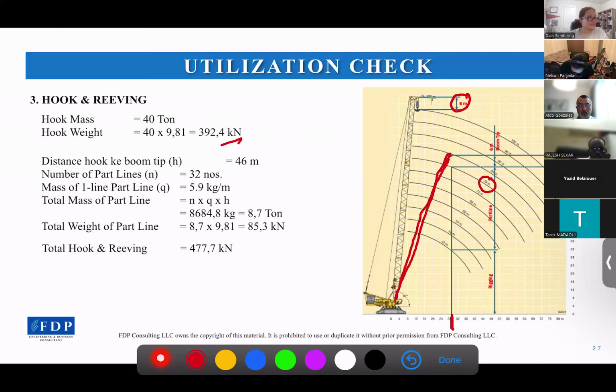Then the boom will be like this. And the hook will be here, correct? So the boom tip is here, the black color here. And this is a 6 meter distance between the hook and the boom tip.